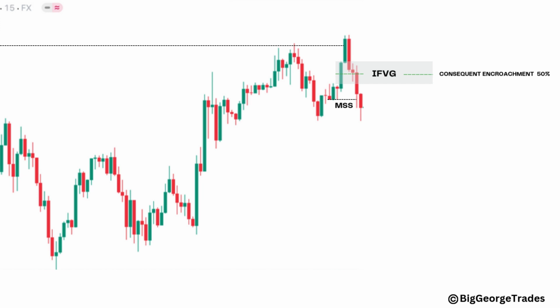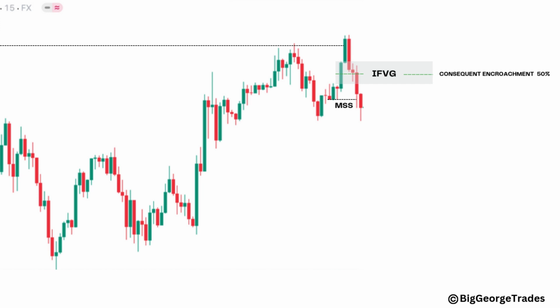So let's get on with it. So we identify our level from a higher time frame. Once the high time frame level is identified and price reacts to this level, we will watch for a market structure shift. Then we identify a market structure shift here. Once we identify the market structure shift, we will then look for our fair value gap.